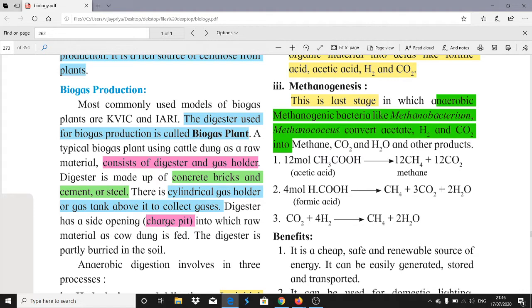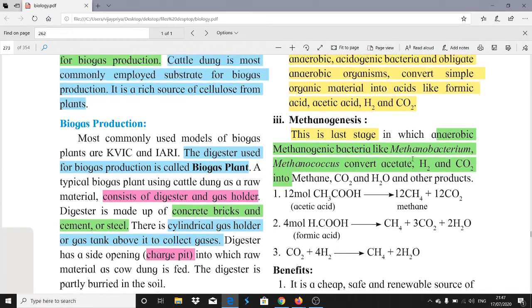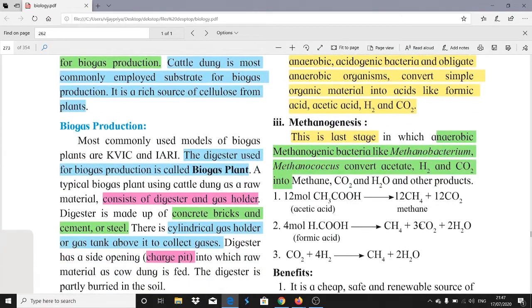These are Methanobacterium or Methanococcus, the names of the microorganisms which convert the acetate. Acetate is formed in the earlier step, so they convert the acetate, hydrogen and carbon dioxide into methane, carbon dioxide and water, and other products.